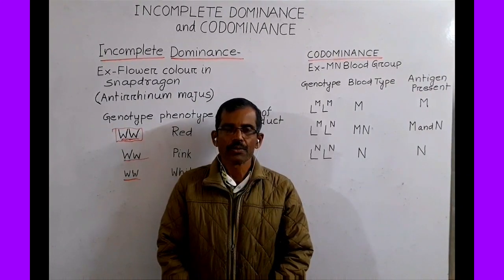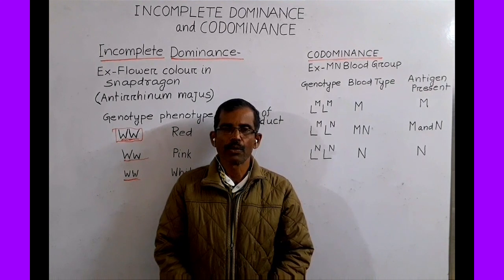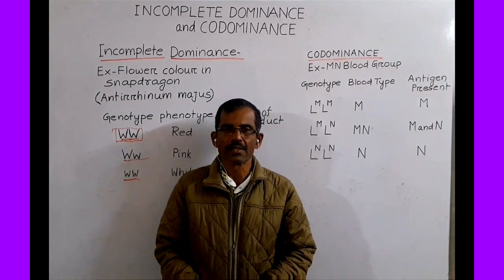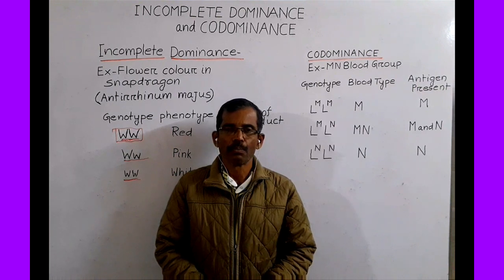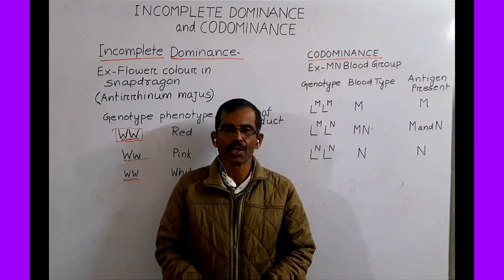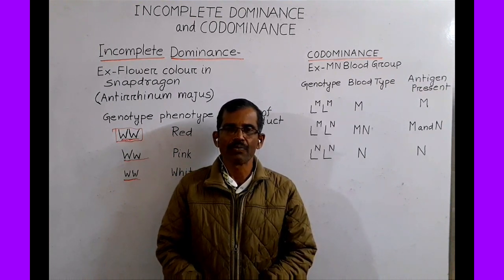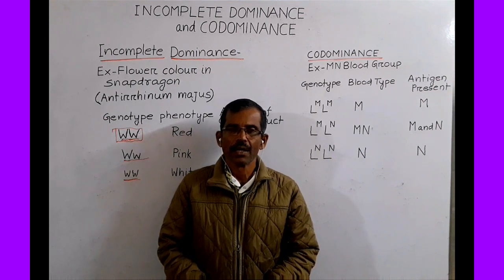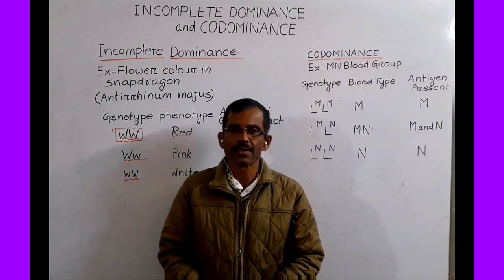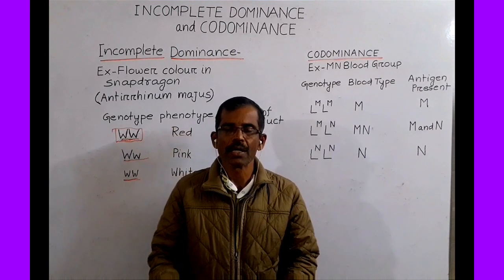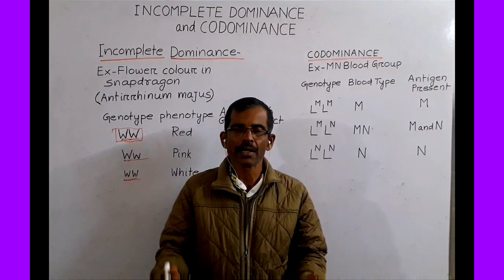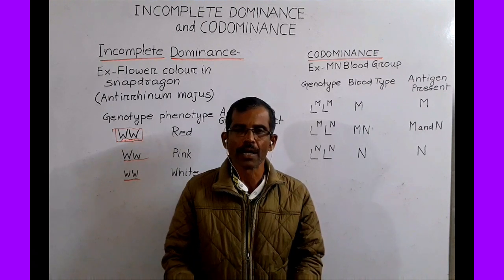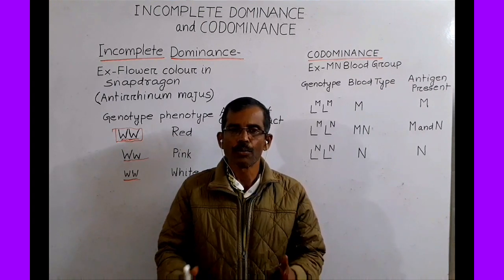Another exception to the principle of complete dominance is codominance. It is a form of inheritance in which both the alleles of a gene in a heterozygote are fully expressed. In case of codominance, the alleles of a gene in a heterozygote are neither completely dominant nor incompletely dominant, but they are codominant.